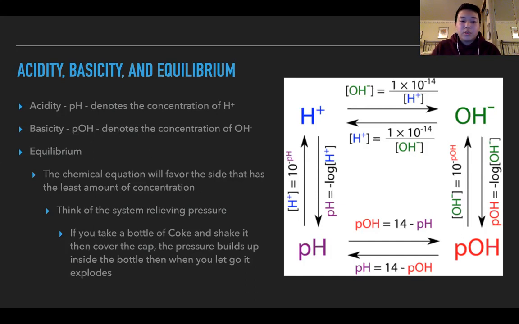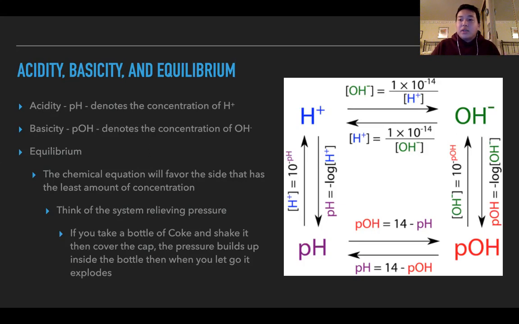Okay, and so what you guys need to know about equilibrium is that you're gonna have a double-sided arrow, kind of what you see here on the right side. And so that means that the equation can either go to the right or to the left, right? And so it's relieving pressure. So if one side has a lot of atoms or a lot of molecules, you're gonna wanna go to the other side just because you wanna get rid of the pressure on this one side. So think of it like a bottle of Coke, right?